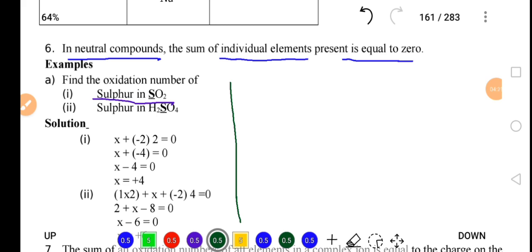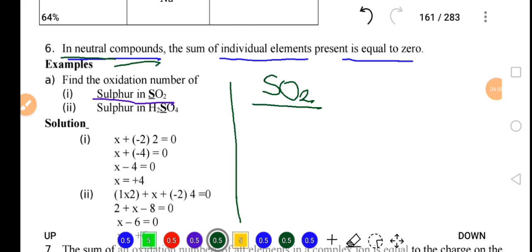Now, we understand that when we have sulfur dioxide like this, sulfur dioxide is not having a charge, meaning this rule is stating that in neutral compounds, the sum of individual elements present equals 0, meaning the charges in this compound, when we add those charges, we should get 0.